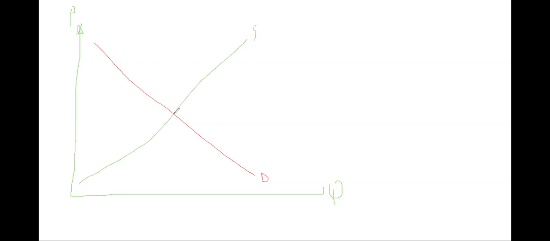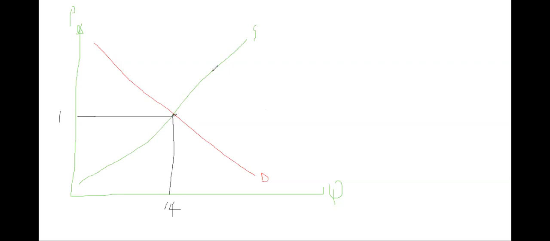So where they intersect here, that is the equilibrium point. Let's assume that we have here 14, and the price was 1.